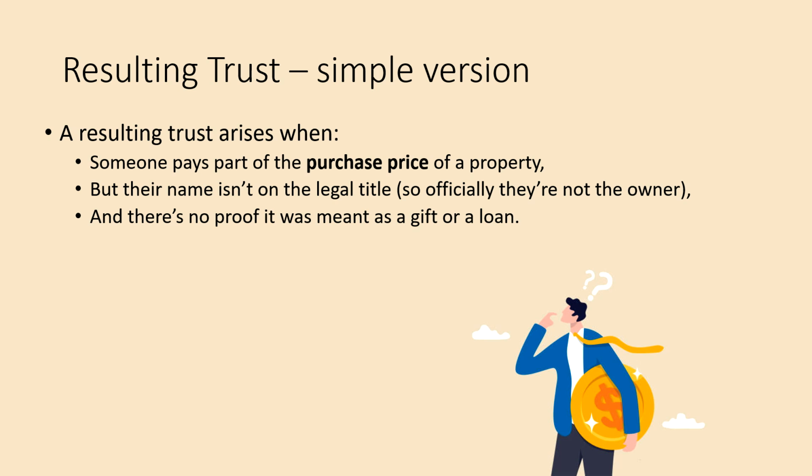Resulting trusts can still arise to give them a little bit of a benefit, a little bit of support, and the requirement really is just that they made a financial contribution, and this contribution wasn't part of a gift or a loan.